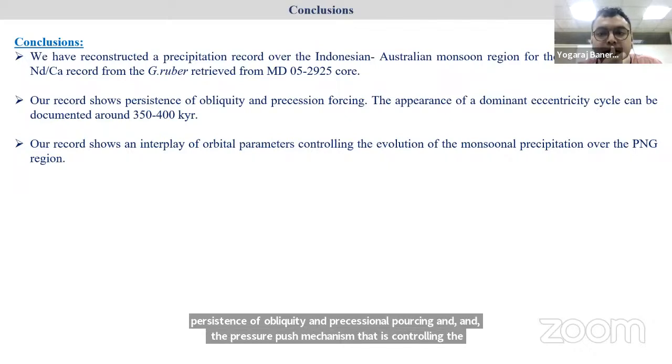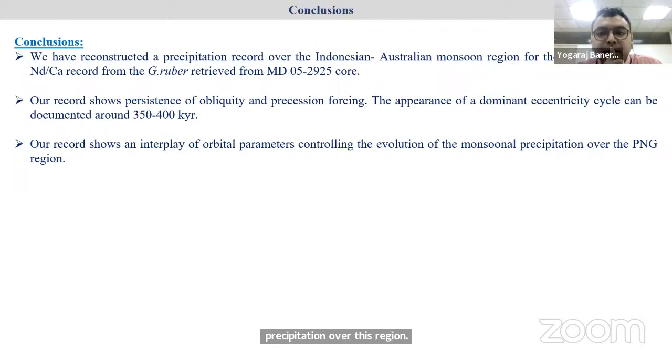And there was an appearance of the dominance of the eccentricity cycle that can be documented; it starts around 350 to 400 kilo year, and it was there from 350 to 550 kilo year.